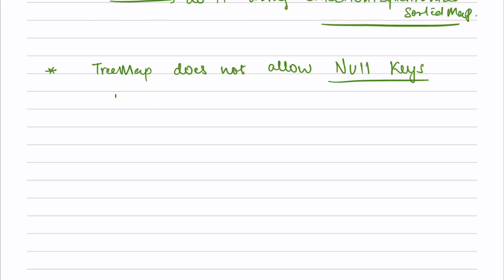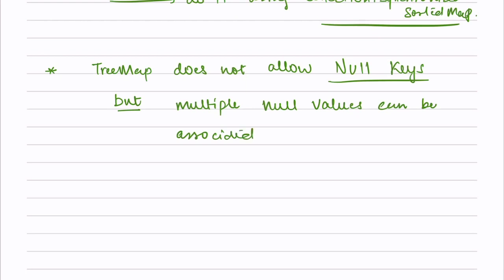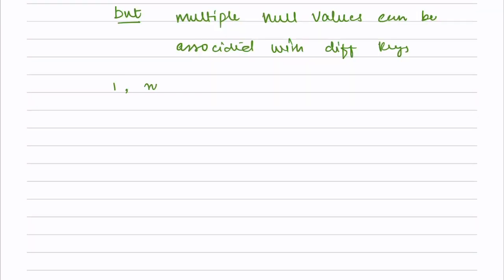But not to be confused, here multiple null values can be there associated with different keys. So if the key is, let's suppose, 1, you can put null. Key is 2, you can put null. 3, you can put null. Who cares? So they are there.